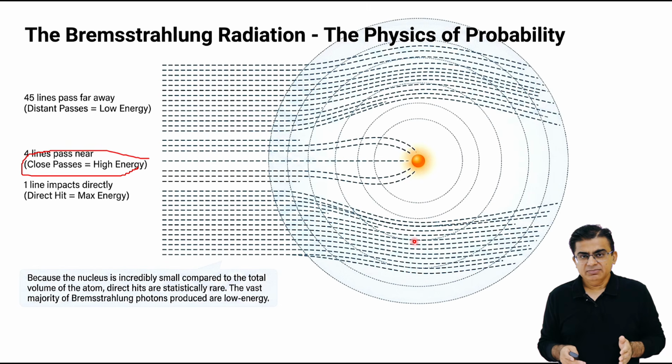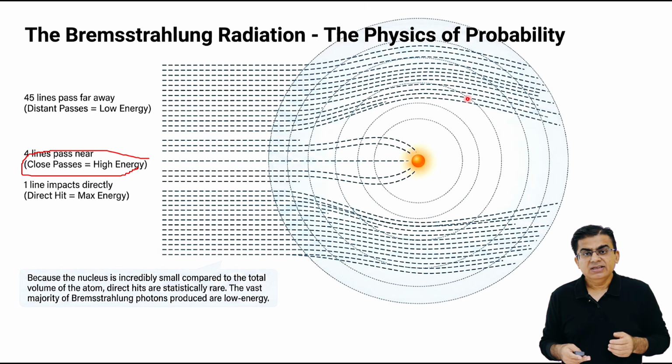Because the target atom is mostly empty space, these distant passes are by far the most common interaction. These distant electrons experience a very weak, invisible braking force. Therefore, they only lose a very small amount of their kinetic energy.